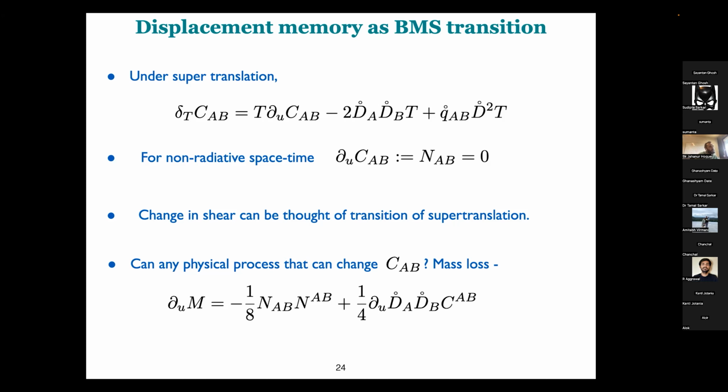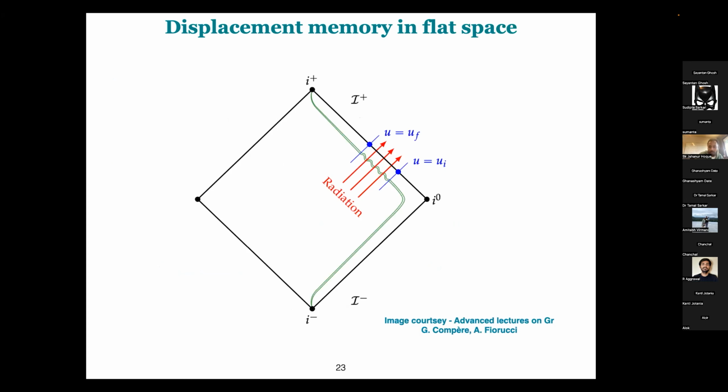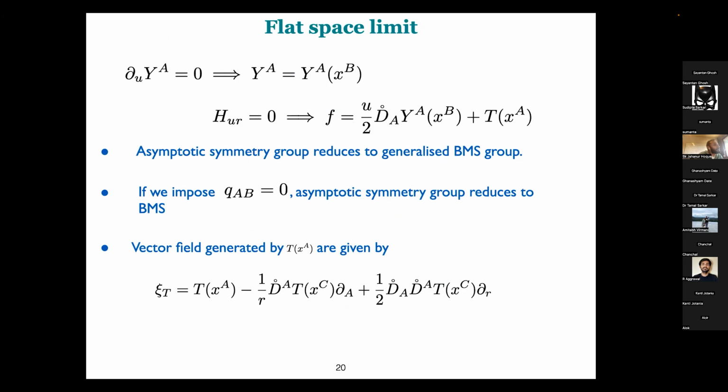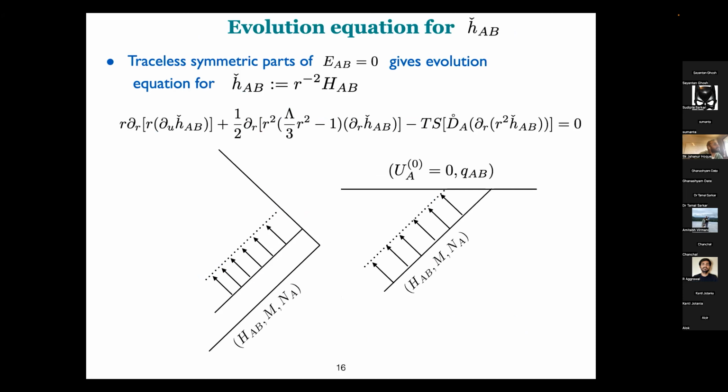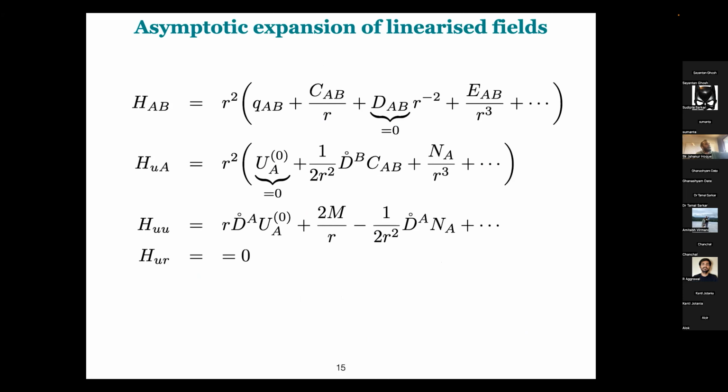And now you can ask whether any physical process can change my CAB. The answer is yes. If you look at the mass loss formula of the Bondi-Sachs formalism, which I didn't show, there are constraints in the h_uu term, which is mass, and the u-A component of this equation gives you an evolution equation of this mass.